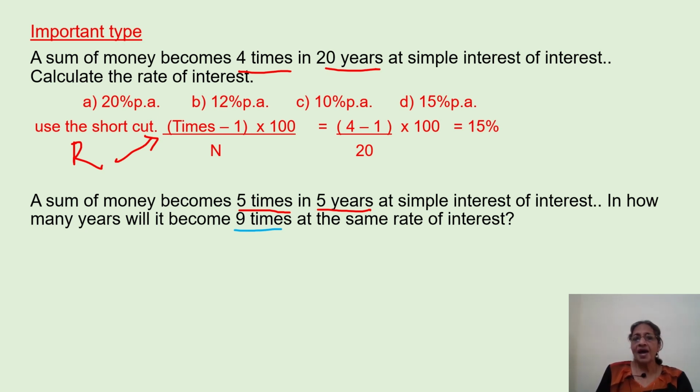So now, it is like the previous sum, but we are not going to find the rate of interest like we did in the first case. We'll directly equate it. So I'll just put it as T1 minus 1 upon N1.